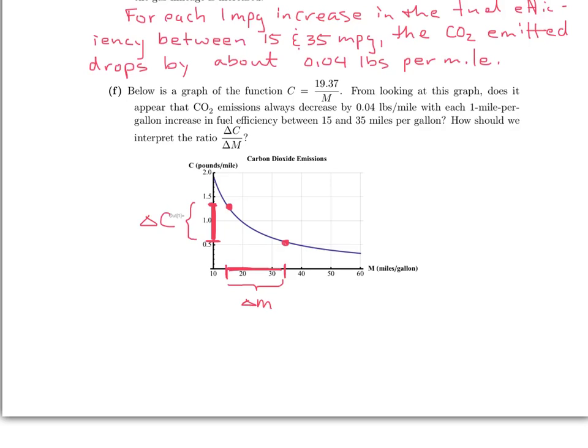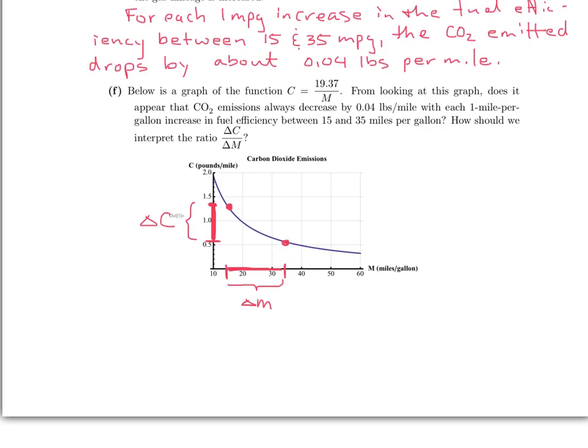Now, let's re-examine the sentence that we wrote above. For each 1 mile per gallon increase in the fuel efficiency between 15 miles per gallon and 35 miles per gallon, the carbon dioxide emitted drops by about 0.04 pounds per mile. Well, let's see if that makes sense on our graph.